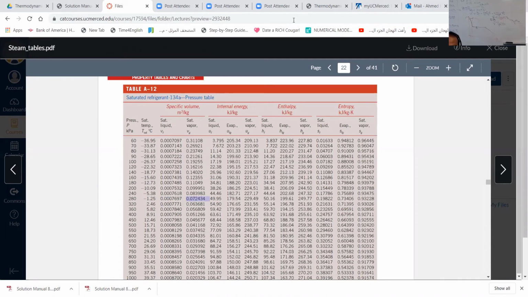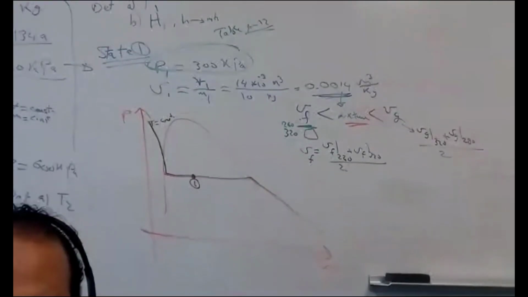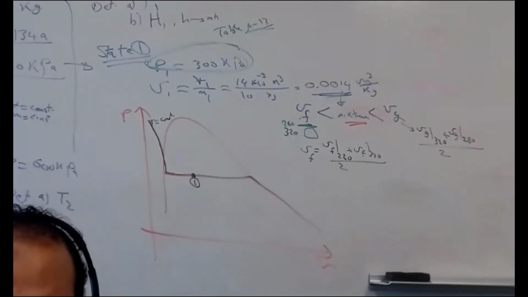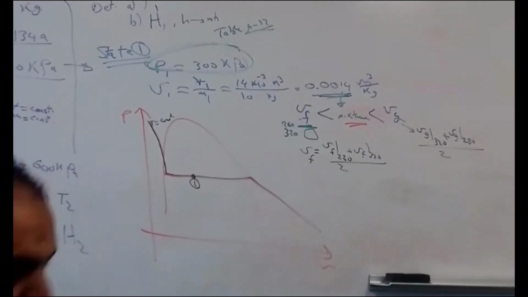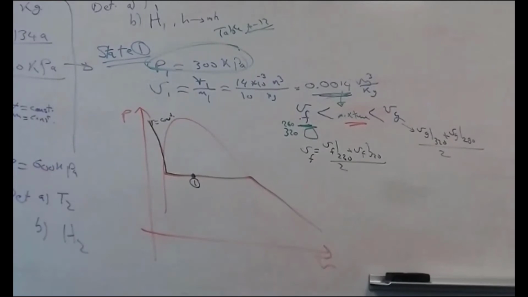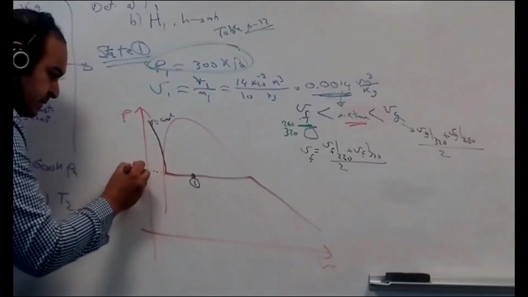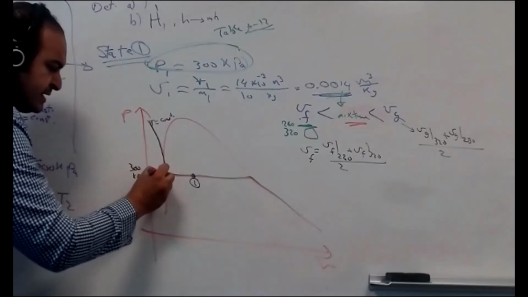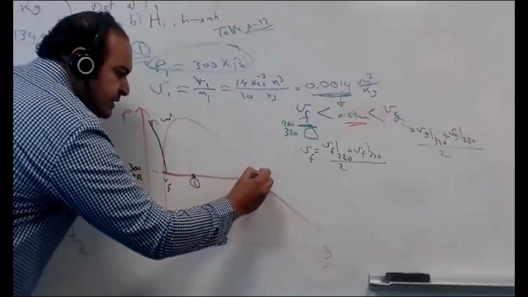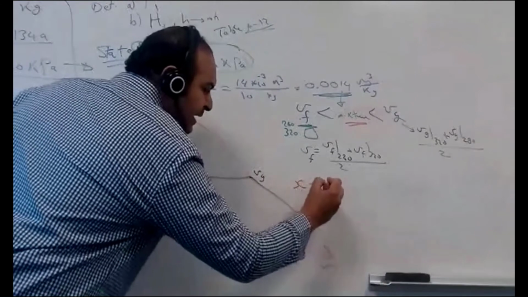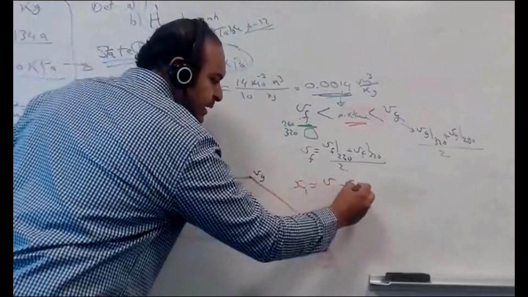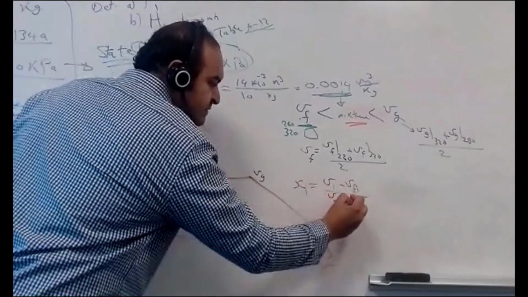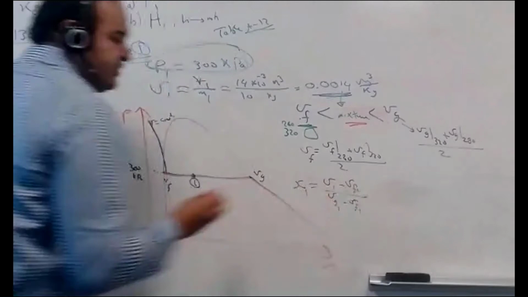Make sense? Yes. Perfect. Now, can you see the board? Yes. So here, you have Vf at 300 kilopascal. You can have this Vf and Vg. This means you can get x. x equals V, which you have, x1 equals V1 minus Vf1 over Vg1 minus Vf1, which is Vfg.